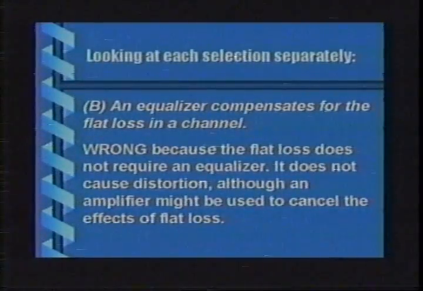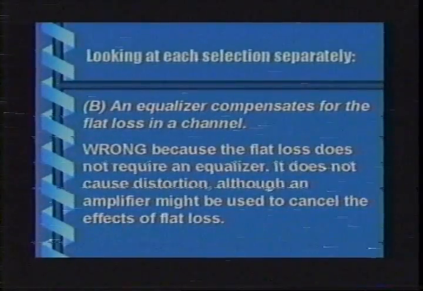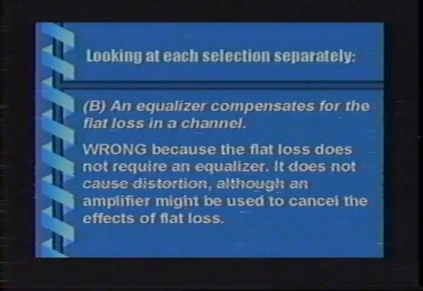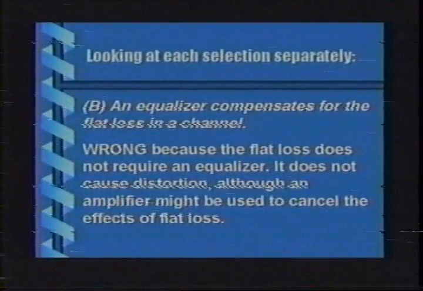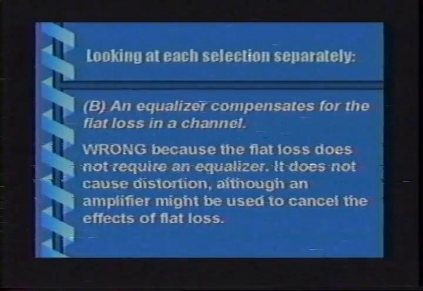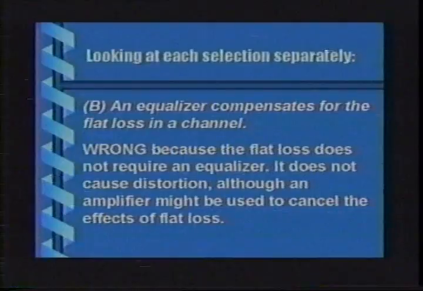Let me remind you that flat loss is the attenuation in all channel components except the cable. Well, this choice is wrong because the flat loss does not require an equalizer. It does not cause distortion, although an amplifier might be used to cancel the effects of flat loss, certainly not the use of an equalizer.